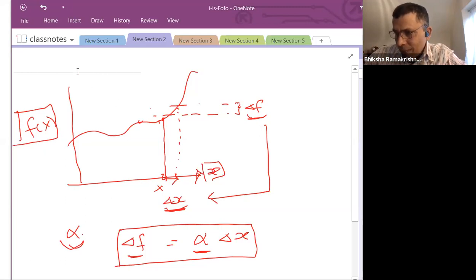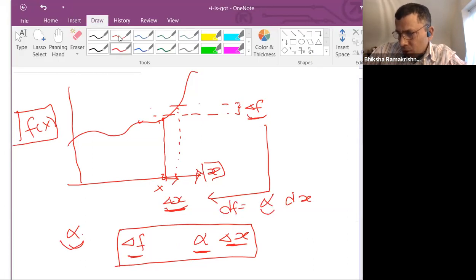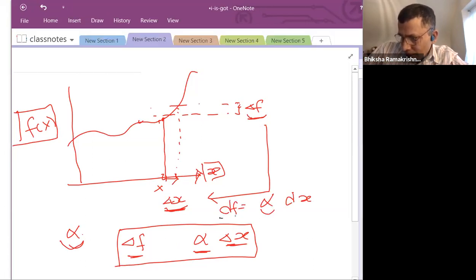Now, when x is a scalar, I can write delta of x as some increment d of x, and alpha is my derivative, and that gives me the corresponding change, the increment in f, which is d of f.